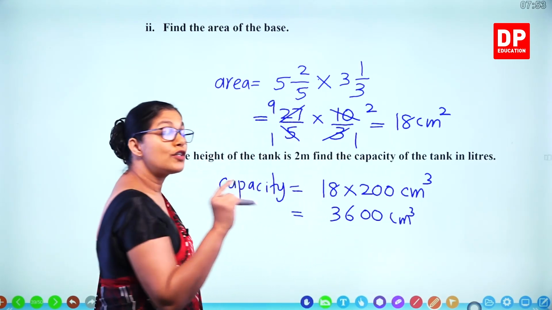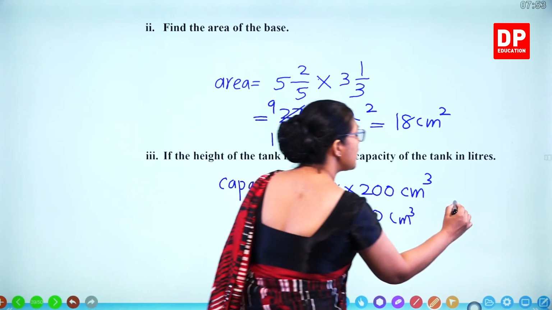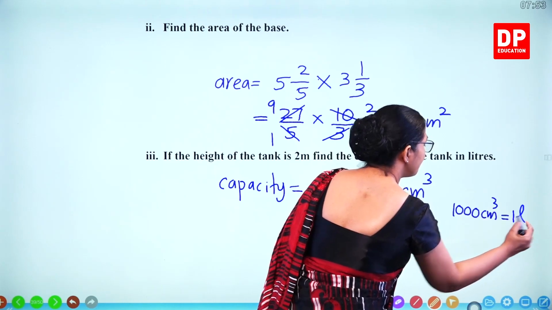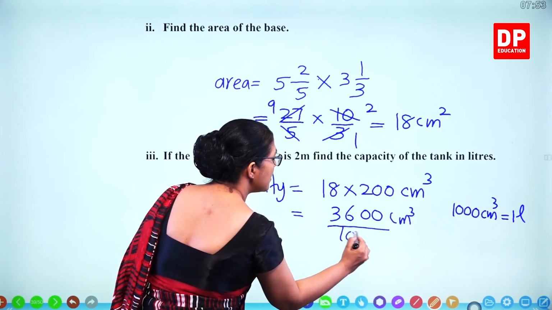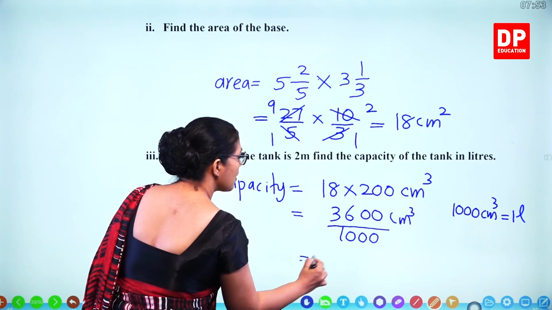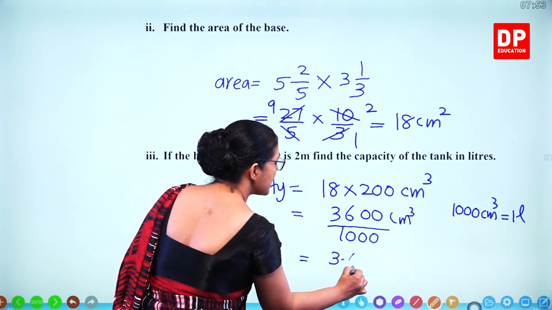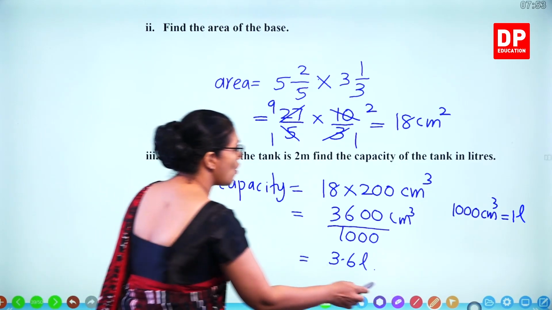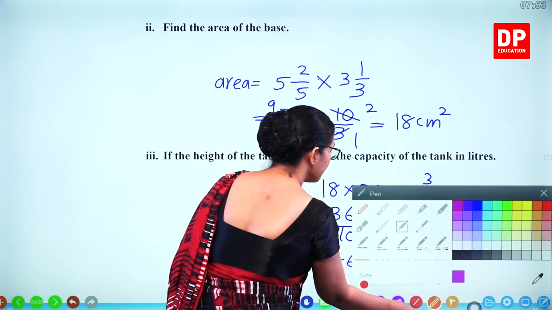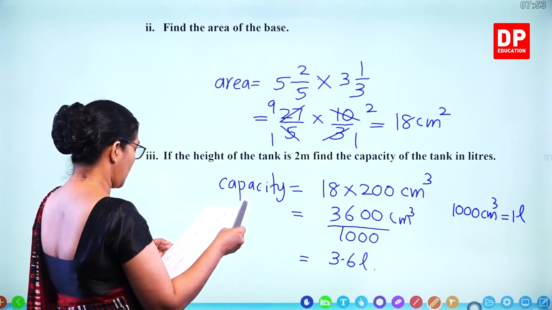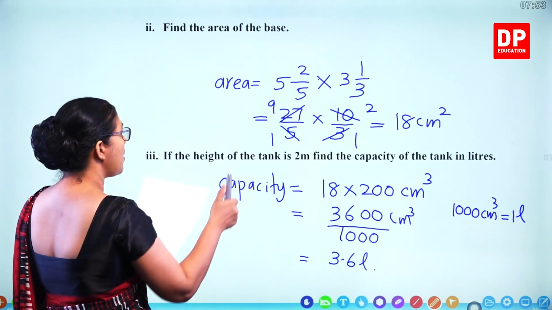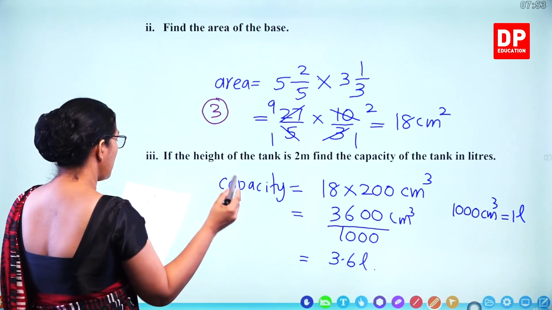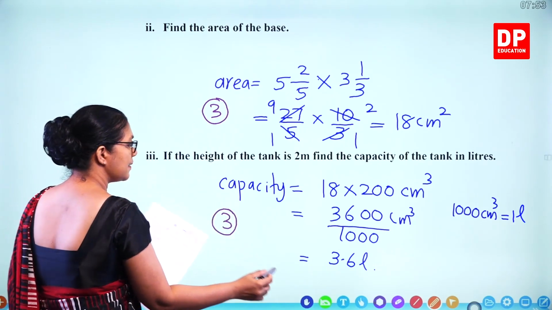Now you need to convert to liters. 1000 cubic centimeters is 1 liter. So how many liters here? Divide by 1000. You get 3.6 liters. So that's the capacity of the tank. You are getting 3 marks for finding the base area and 3 marks for the capacity.